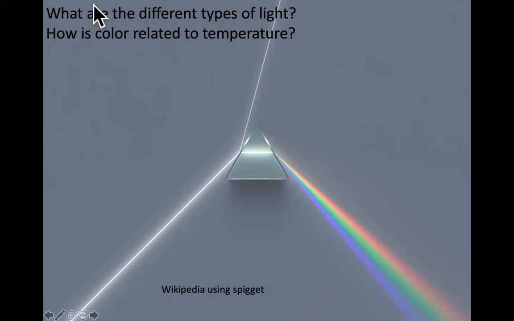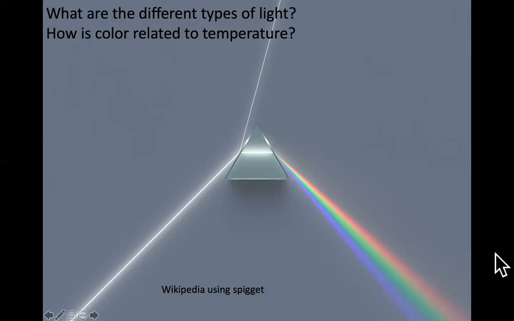Many of you have seen an image like this, where you shine white light onto a prism and it splits it out into different colors, red, green, and blue, for example. This is the familiar rainbow. What this image is supposed to remind you is that all these different colors are part of the same phenomenon.